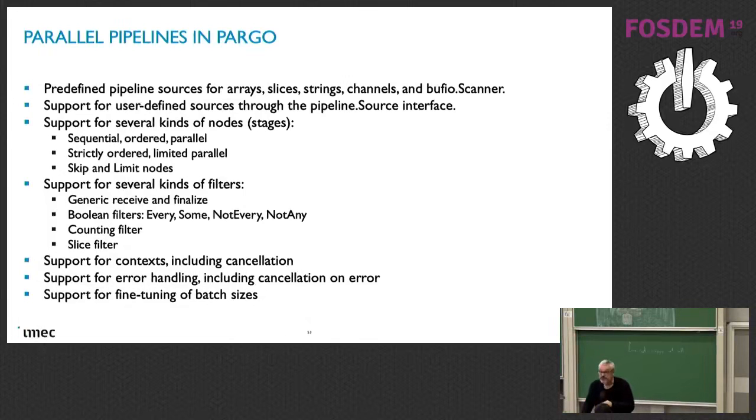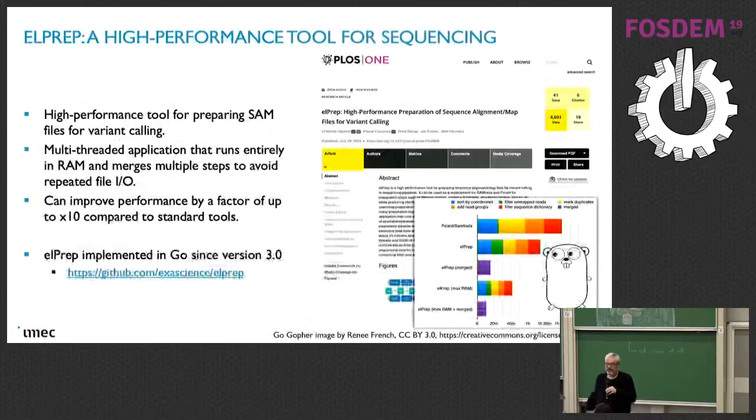All of these features are not just something that we made up. We actually use this ourselves. So we have one tool called LPrep, which is a DNA sequencing tool that we have developed for a couple of years. It's a high-performance tool for doing certain steps in a DNA sequencing pipeline. It is a multi-threaded application that runs typically something like 10 times faster than the standard tools.